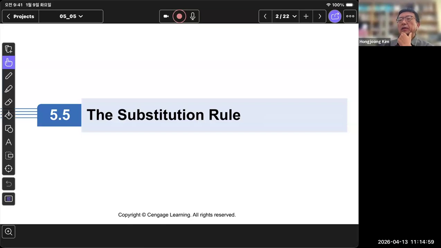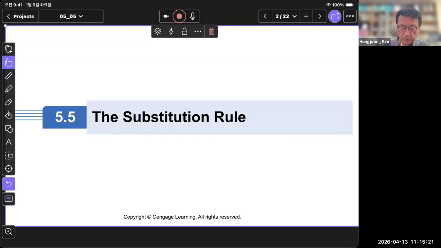Now we learned many theorems regarding the differentiation. For example, we considered the chain rule or product rule or quotient rule, right? So what was the chain rule?